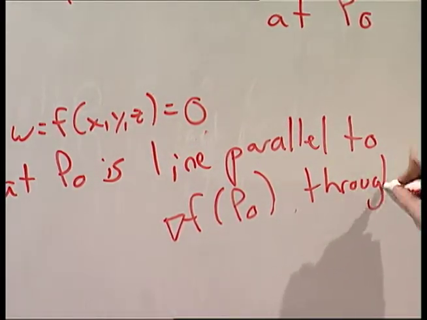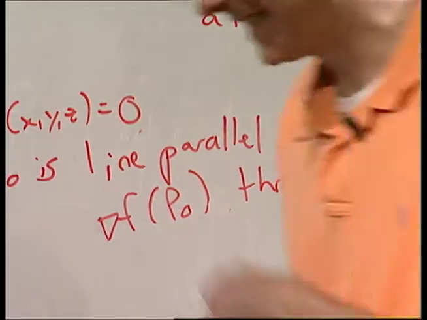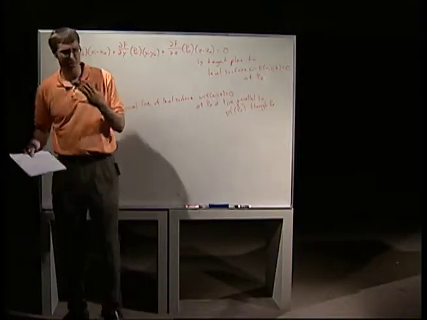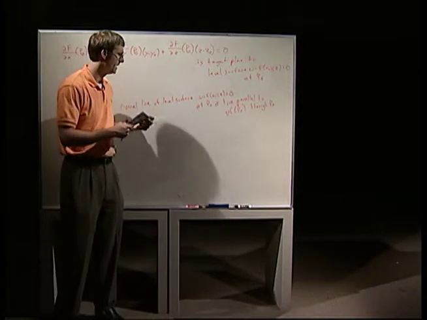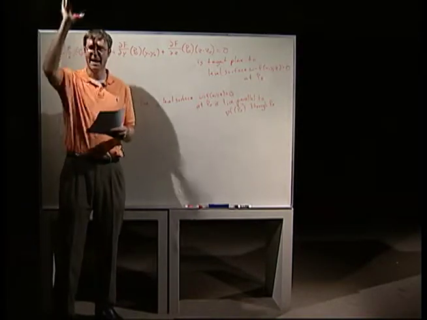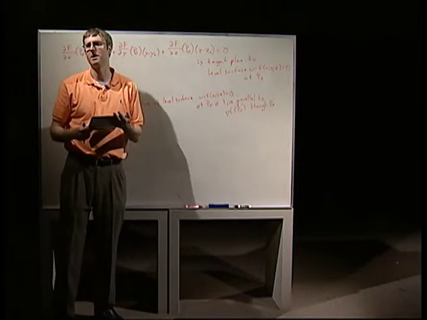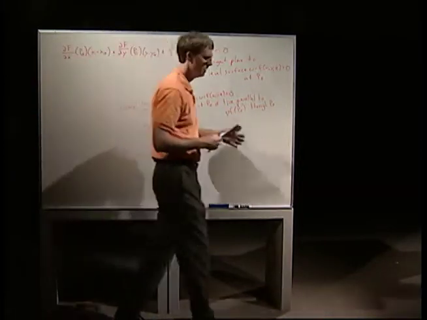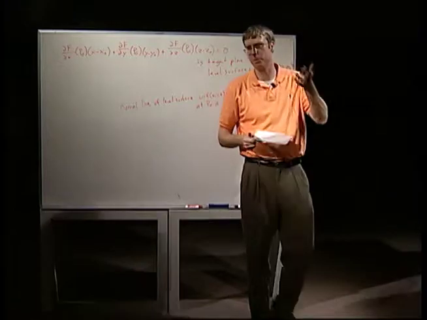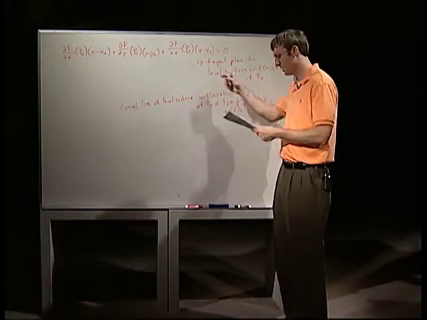So the normal line is sort of like the weather vane, so to speak. The tangent plane has the gradient extending out of it orthogonally, and this line is the one that happens to cut through the point p naught.